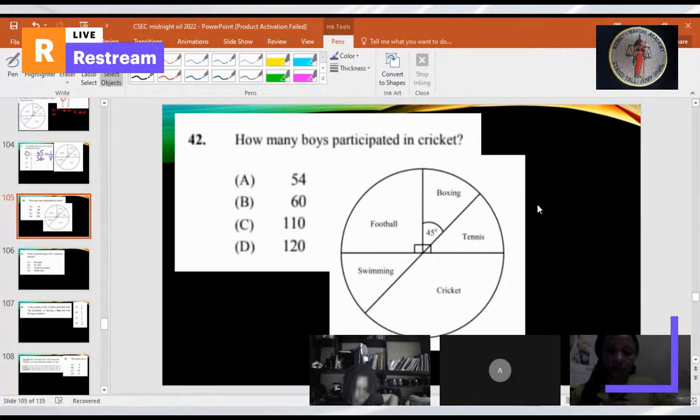Number 42. Same pie chart again. How many boys participated in cricket?